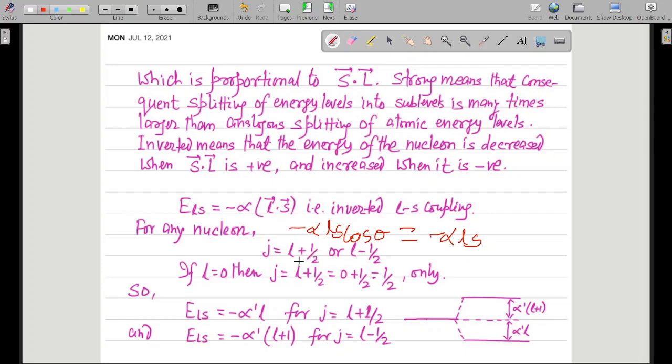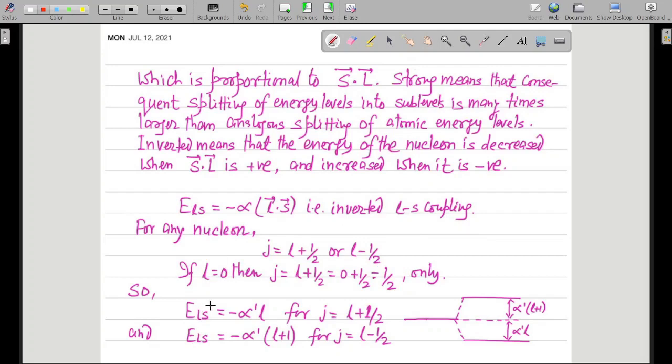And when L equal to 0, only one value is possible. L equal to 0 is an exception, no splitting takes place. So J will be equal to half only, not minus half, because J cannot be negative.